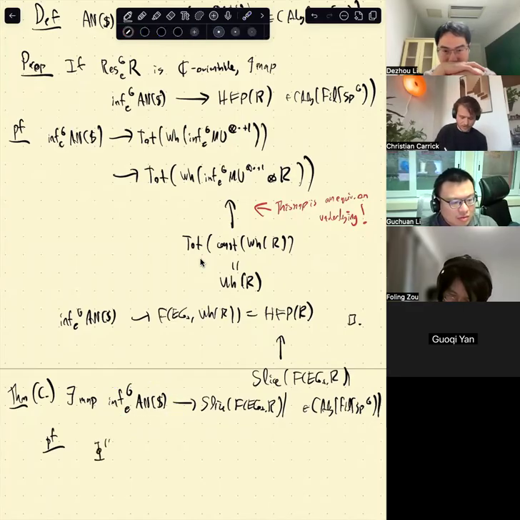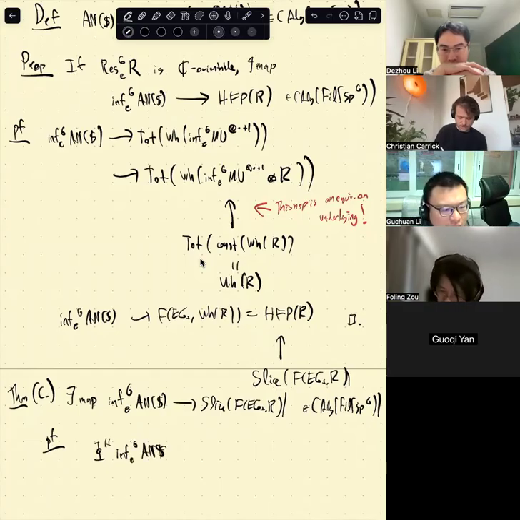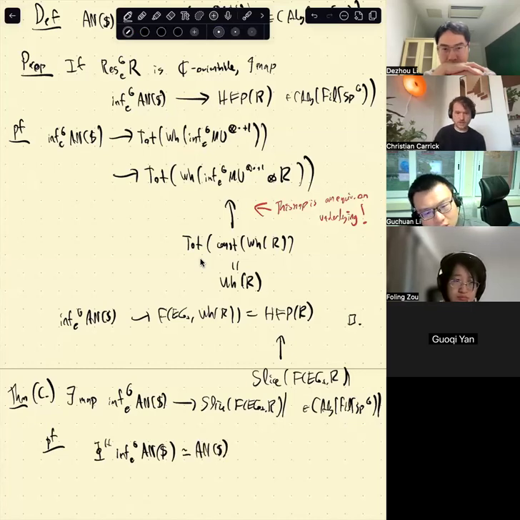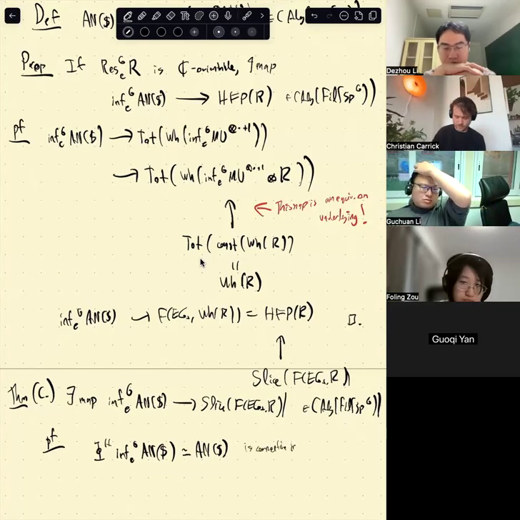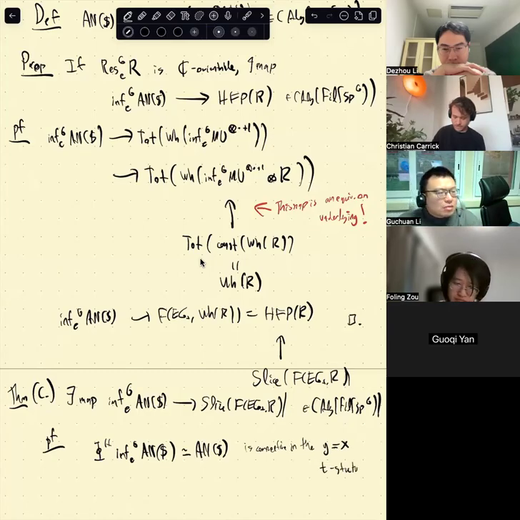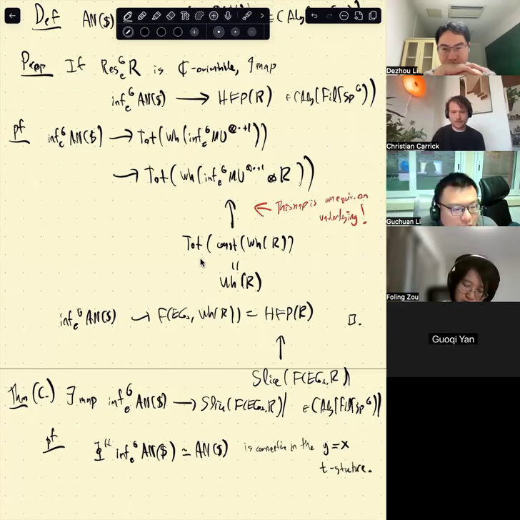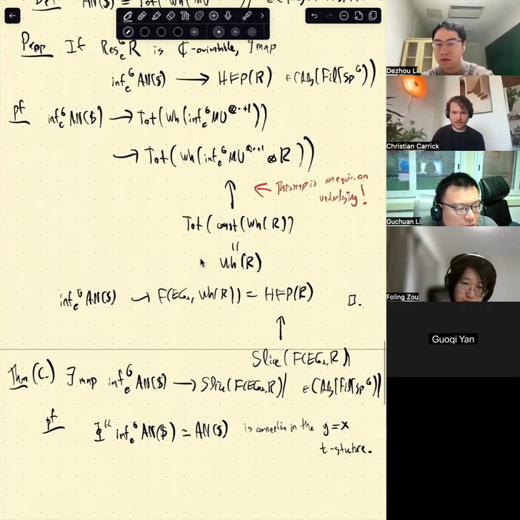If I take the geometric fixed points of the inflation, geometric fixed points is always a left inverse to inflation. So this is just the ordinary Adams-Novikov. And this is connective in the t-structure with respect to the line y equals x. That's a classical fact about the Adams-Novikov spectral sequence of the sphere, having this vanishing line of slope 1.